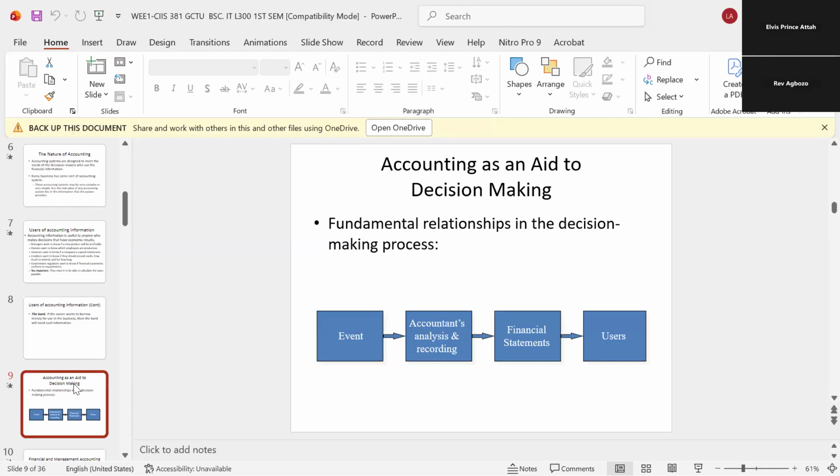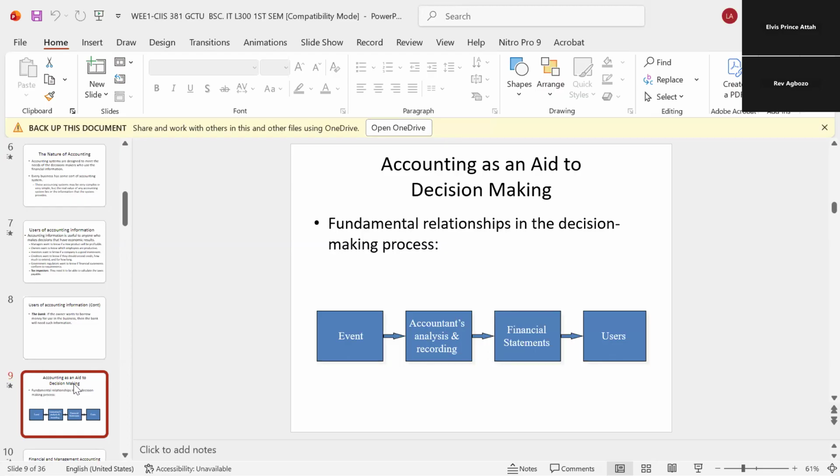Alongside that, we have what we call statement of cash flow or cash flow statement. This statement shows the inflow and outflow of money in a business. In other words, how money comes in and how money is spent out.